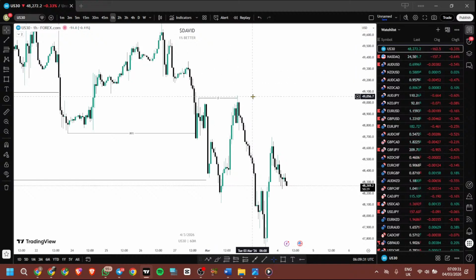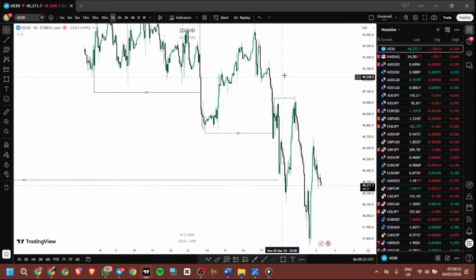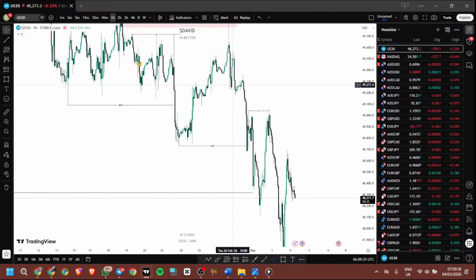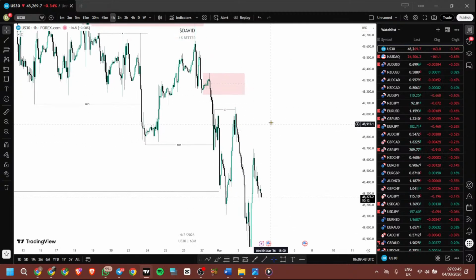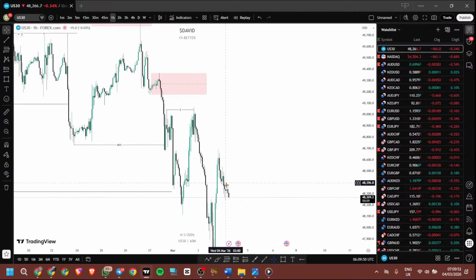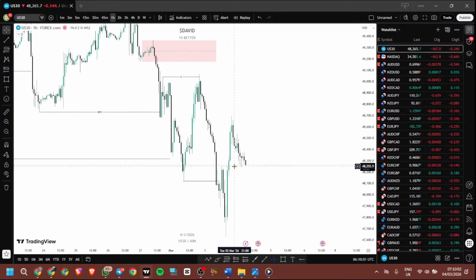So price came, took out our liquidity, and this would have actually been a great point of interest, a very beautiful point of interest, if price was impulsive enough to come over here. But then price swept liquidity and did what? Created a new low. Created a new low right here, right?